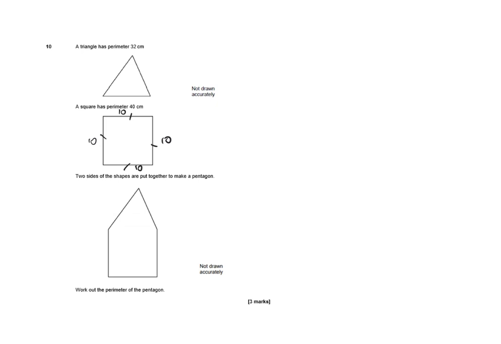2 sides of the shape are put together to make the pentagon, work out the perimeter. So that would be 10, that's 10, that's 10. That wouldn't be part of the perimeter, I know, because it's inside, but that would be 10. So on here, if I go back to there, 32 take away 10 is 22.